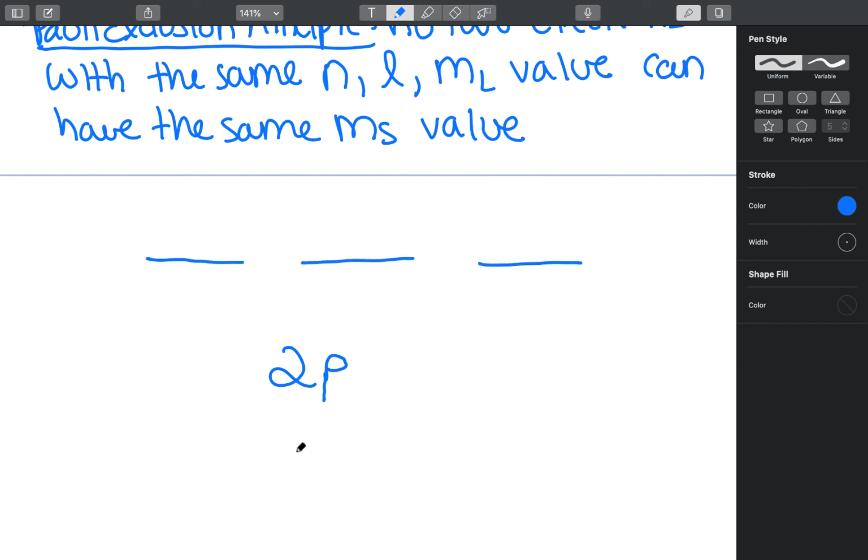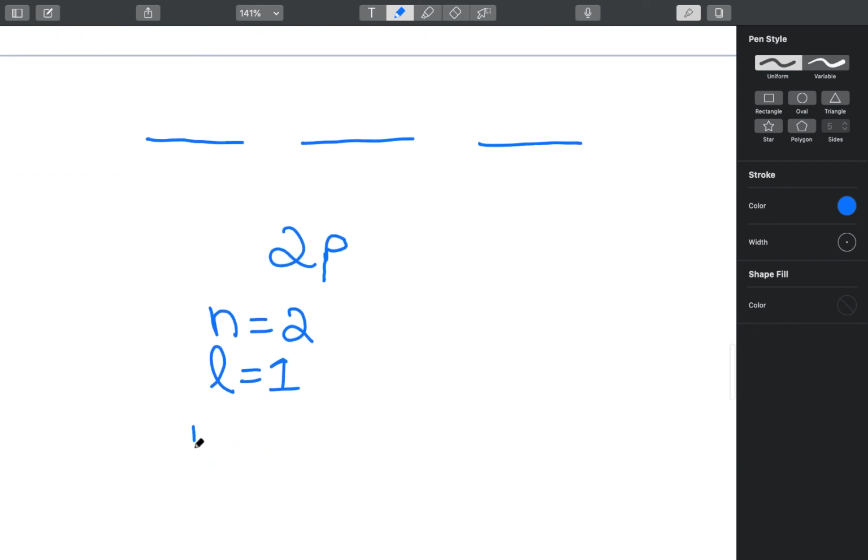Remember that the 2p subshell has a principal quantum number equal to 2, an l value equal to 1, and the ml values can range from negative l all the way to l. Therefore, we range from -1 to 0 to 1. So we'll label each of these orbitals -1, 0, 1.